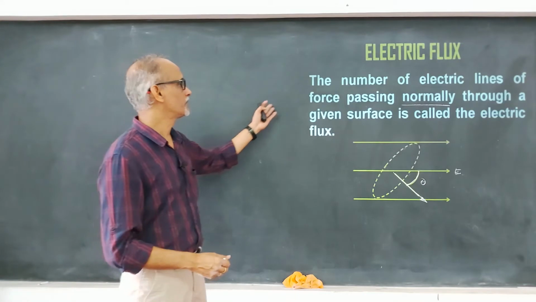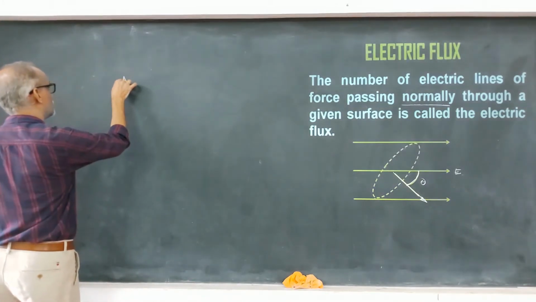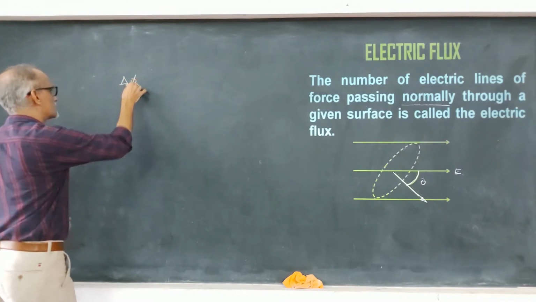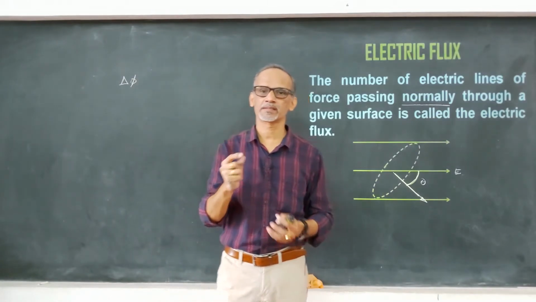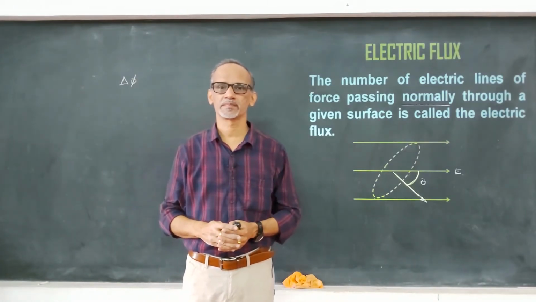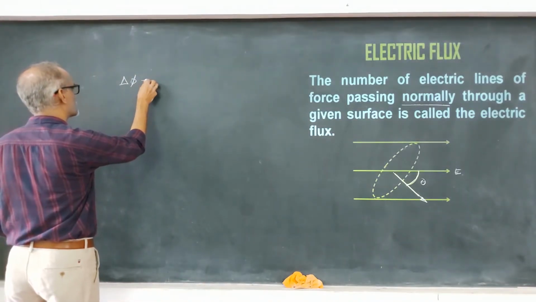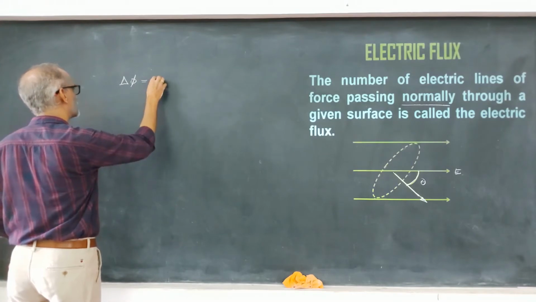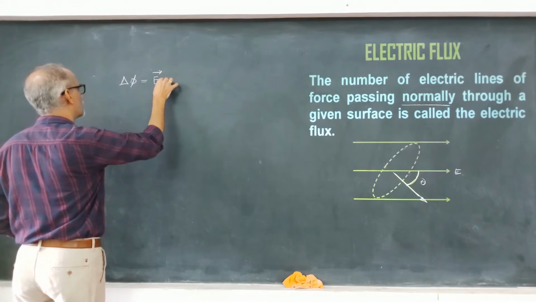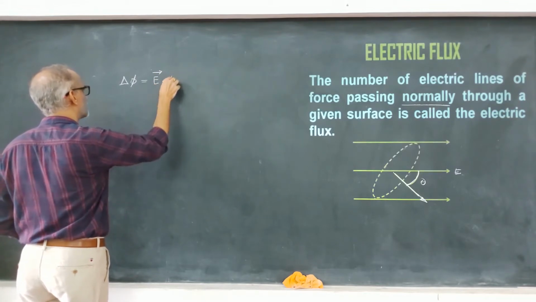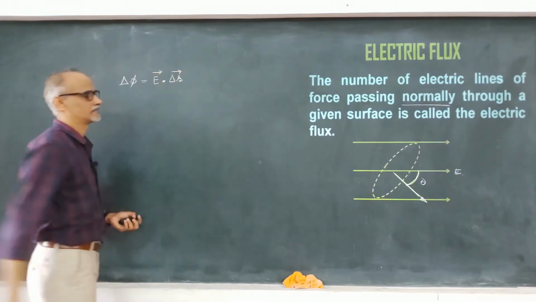So how to measure the electric flux? Delta phi is the symbol used for electric flux. Delta indicates flux through a small surface. Electric flux is measured as the dot product of electric field and area vector.